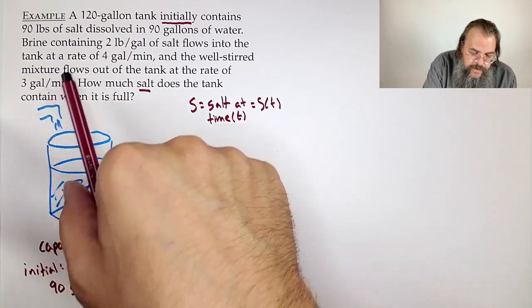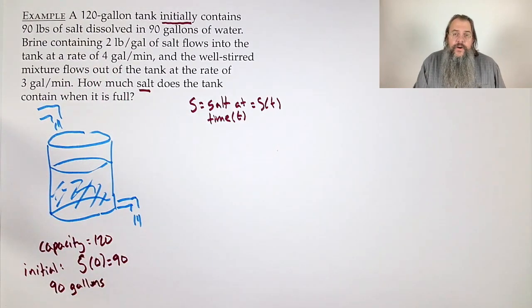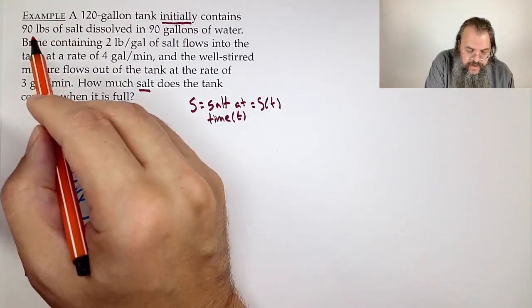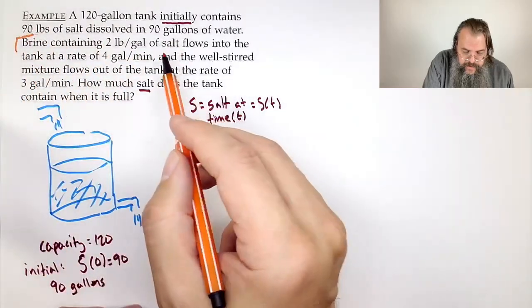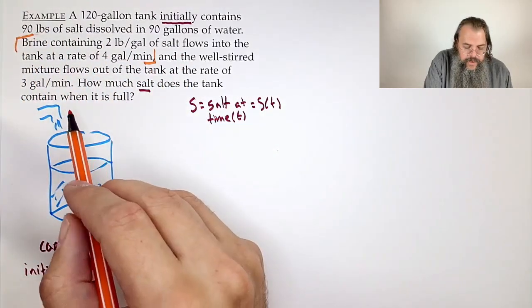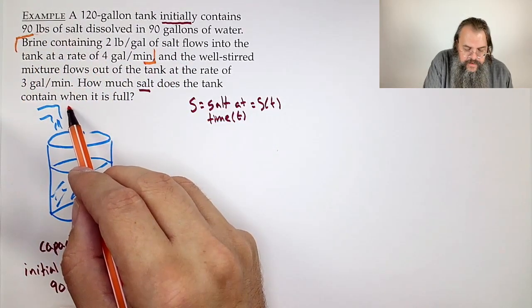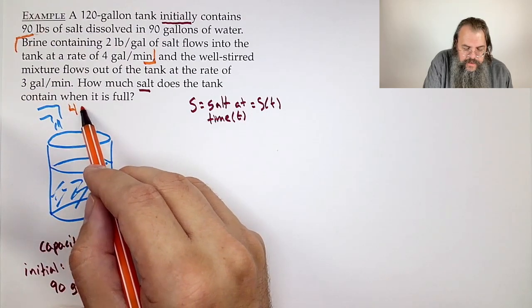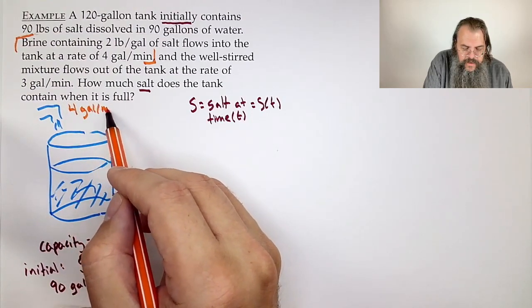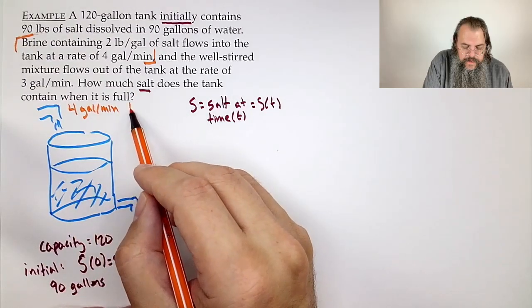All right, so that's our pieces of information here. Then we say, look, things are coming in. Let's talk about our inflow, because that's going to be important here. What do we know? It's coming in at 4 gallons per minute of liquid.